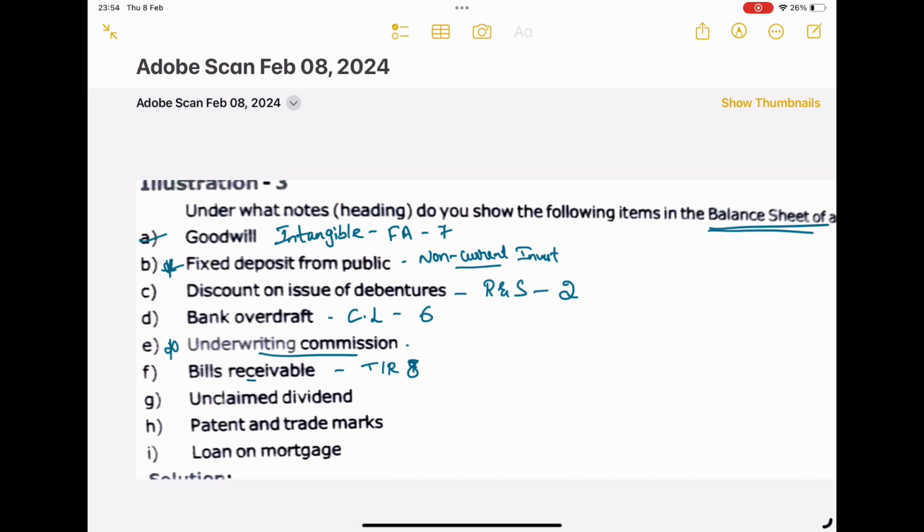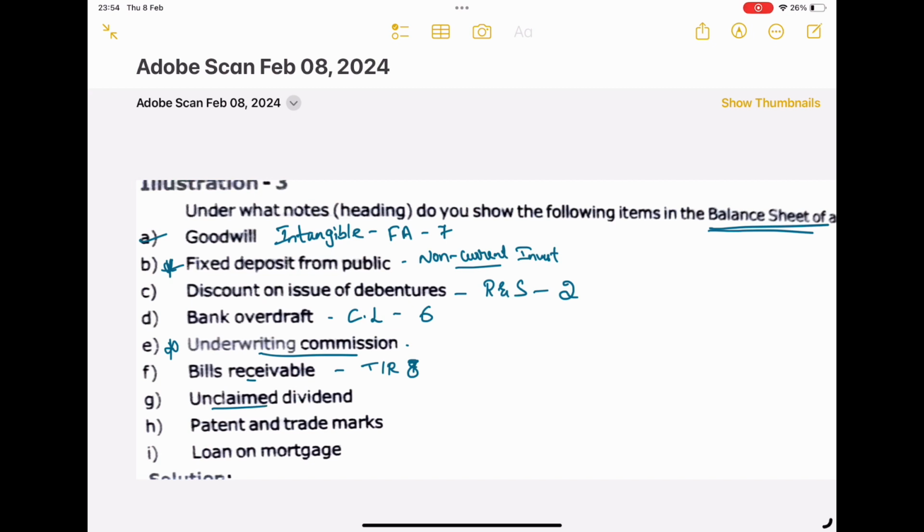Next, unclaimed dividend. What do you mean by dividend? First we should know the meaning of dividend. Dividends are nothing but a part of profit which is paid to the equity shareholders of the company. Okay, it is a part of profit given to the equity shareholders, right?